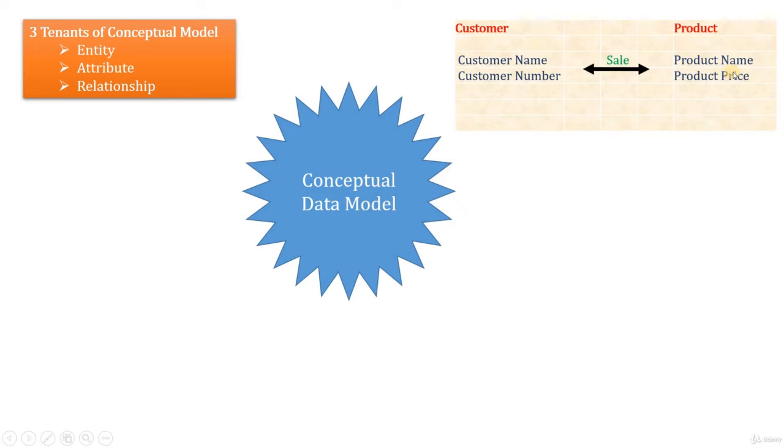So if you query the database with the help of this kind of entity attribute relationship, you can get information about which customer and which customer number has purchased product A at what price, because sale is the relationship here. So this is basically called the conceptualization of the data model.